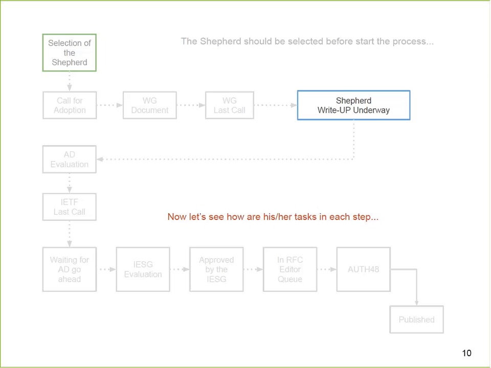Completely agree. The other point I'd like to make is that not every draft that makes it to adoption makes it to working group last call. So you're selecting a shepherd for some quantity of drafts that aren't going to make it through the process anyway.